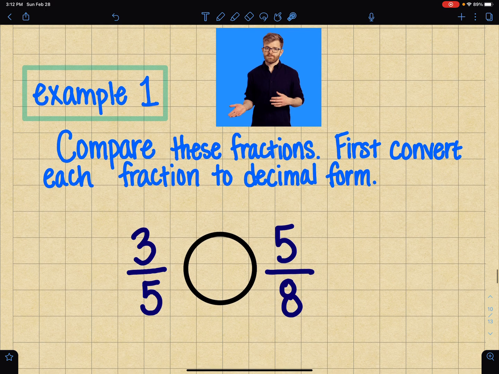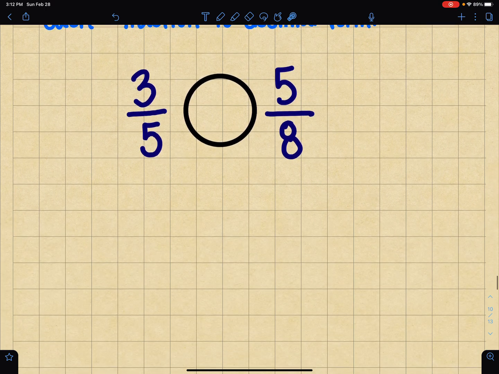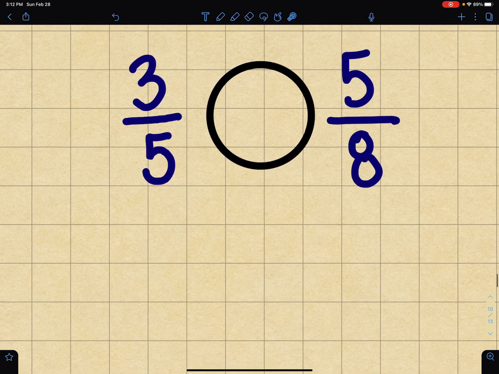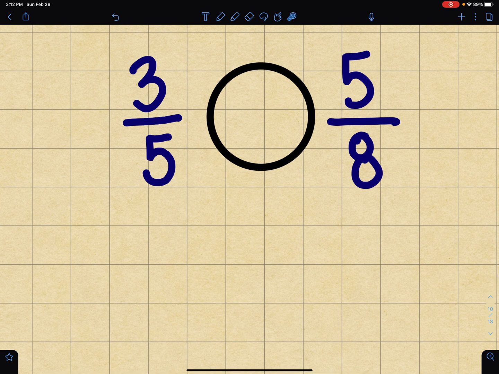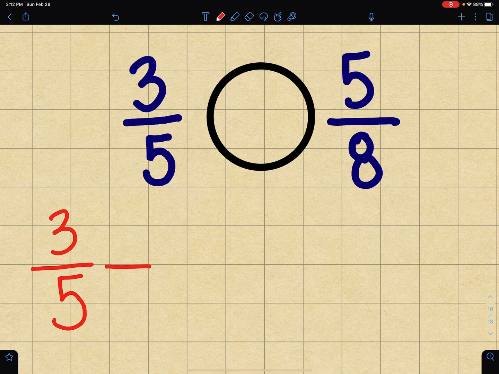So, what you can do is you can realize that a fraction is basically just the same as a division problem. So, for example, 3/5 is actually the same as 3 divided by 5.